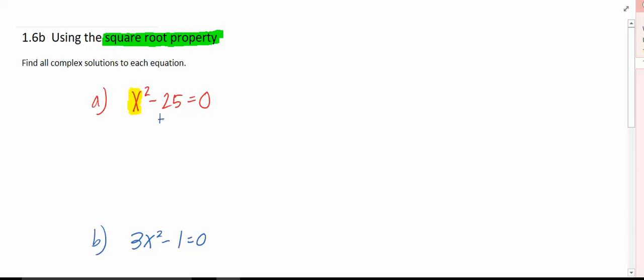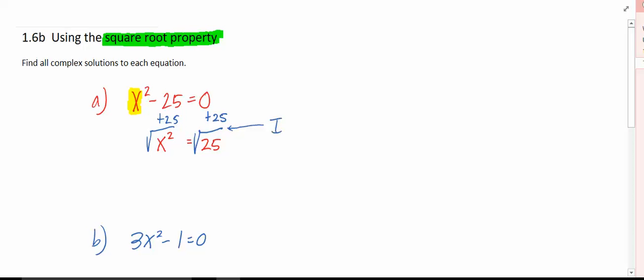That means this, that I'm going to go ahead and notice that x is in one location. Then I'm going to add the 25 to both sides, and I'm going to get my x squared term isolated. As soon as I do that, then I'm going to go ahead and take the square root of both sides. Now, you notice that before this I did not see a radical, but I'm placing the radical. I'm taking the square root.